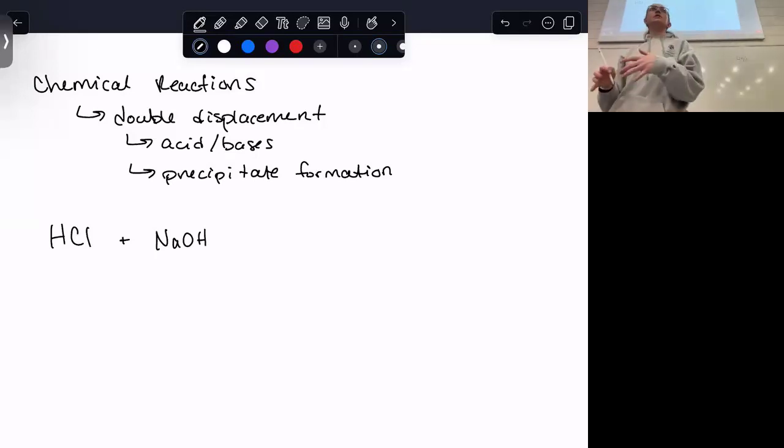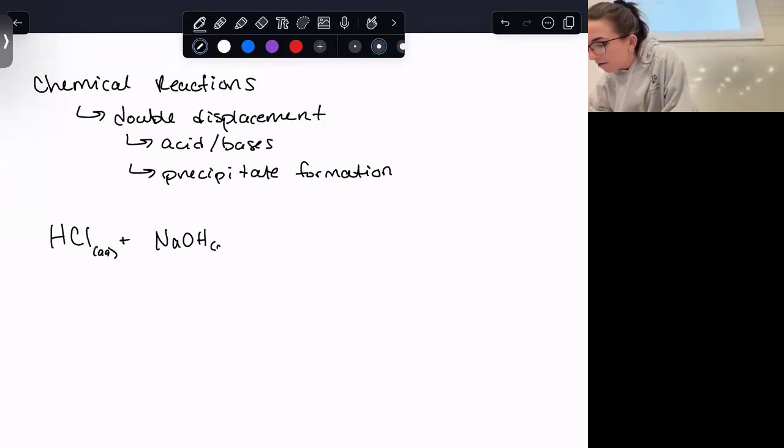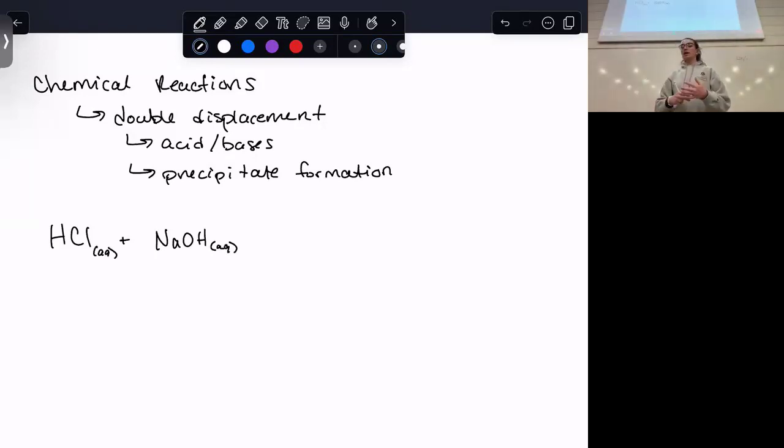Both of these in solution are going to be aqueous, which means the HCl and the NaOH are dissolved. You're adding them to water and they dissolve. We talked about it in class where something being dissolved doesn't necessarily have to break apart, but sometimes it does. What do these two compounds do in solution when they're dissolved?